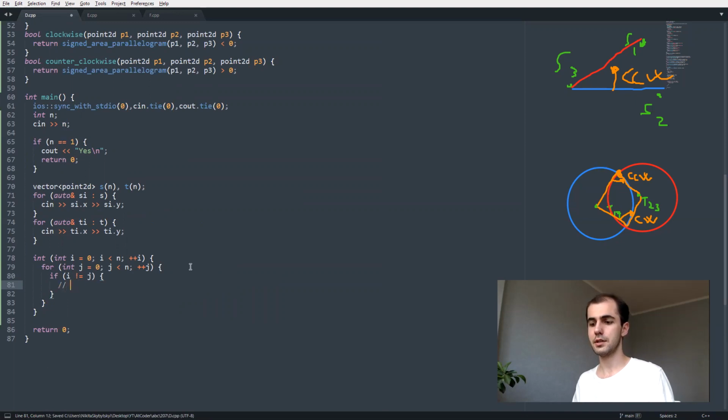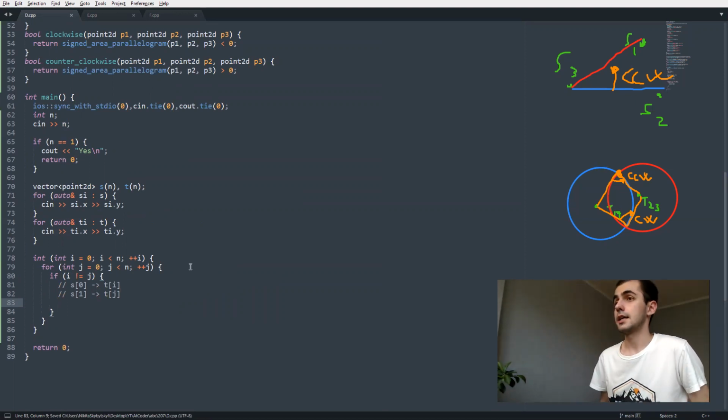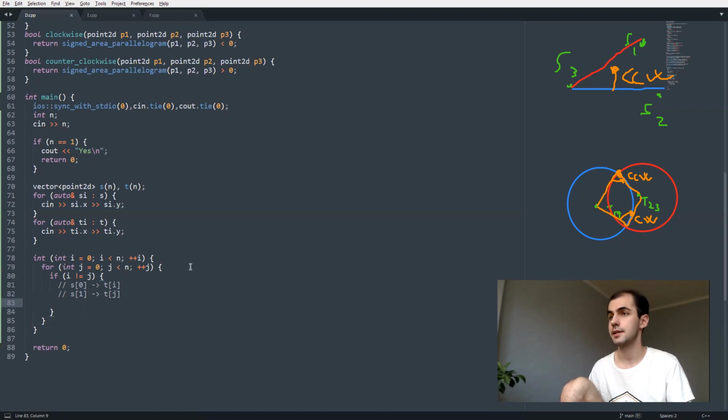Now that the first point got into Ti, this one got into Tj, Ti and Tj are different. Now I gotta check if for every point there is the correct entry in the corresponding map.